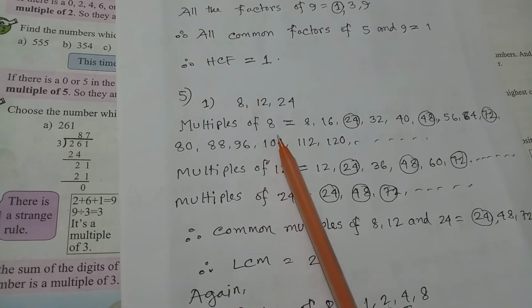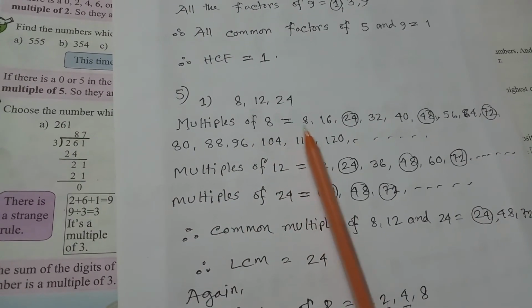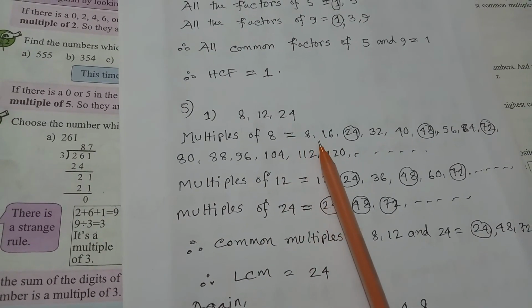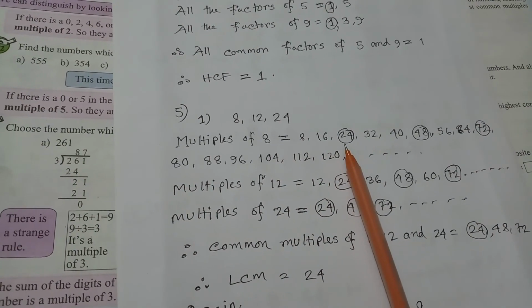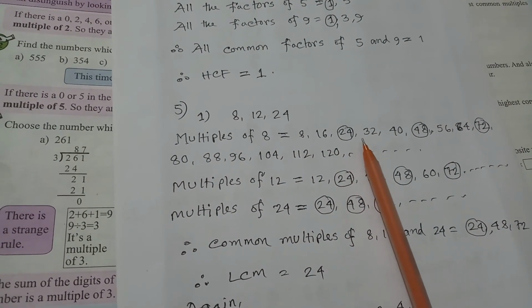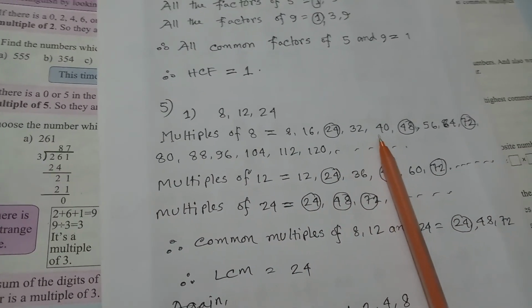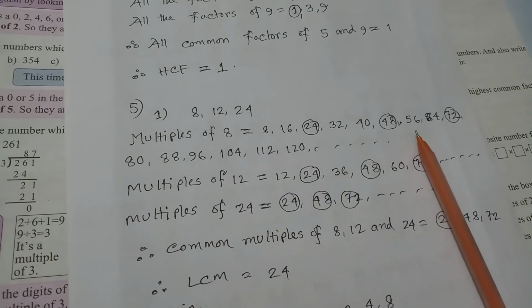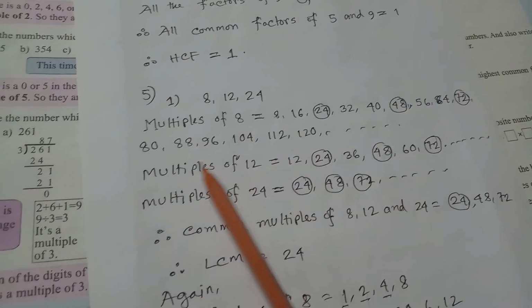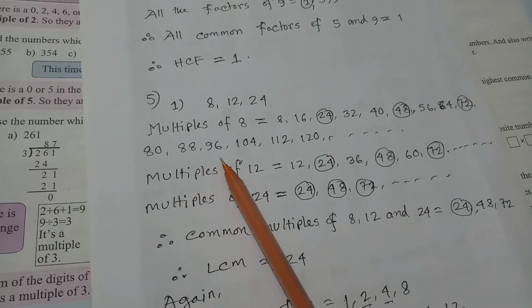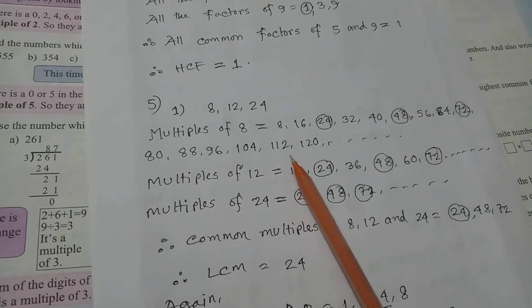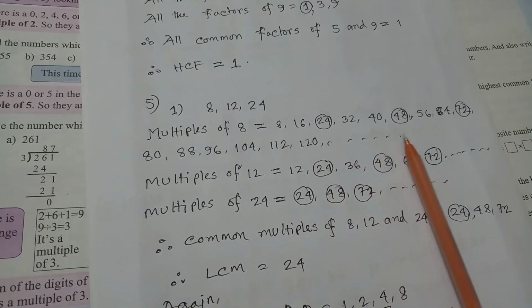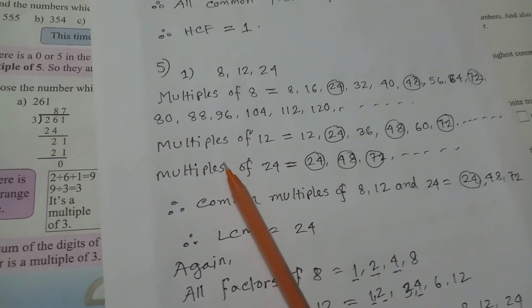Multiples of 8: 8 ones are 8, 8 twos are 16, 8 threes are 24, 8 fours are 32, 8 fives are 40, 8 sixes are 48, then 56, 64, 72, 80, 88, 96, 104, 112, 120, and many others.